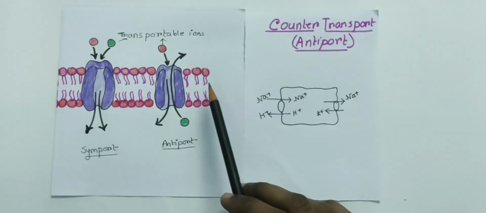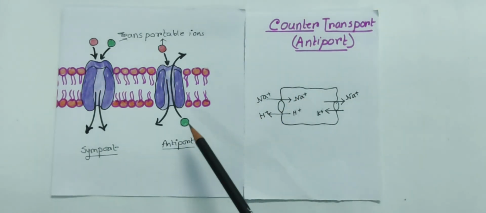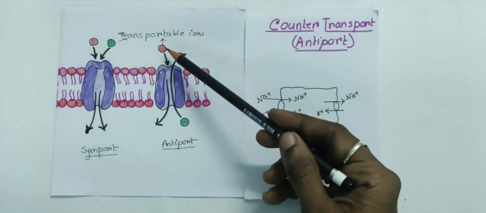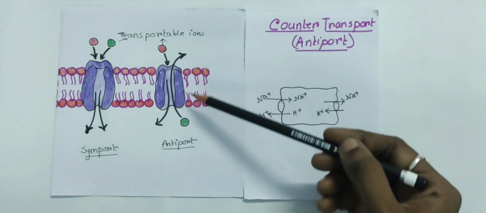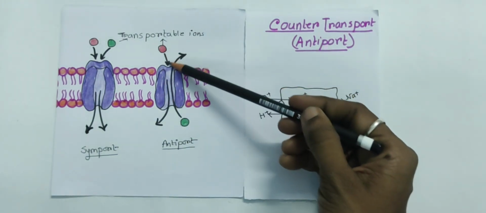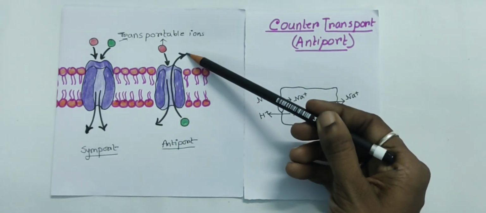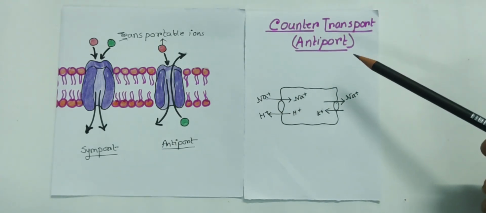Now this is antiport, the other secondary active transport. In antiport, when one molecule moves inside the cell, another molecule moves in the opposite direction. This is also called counter transport.